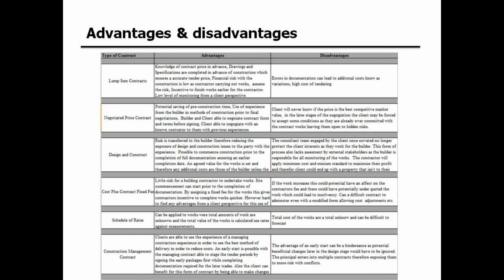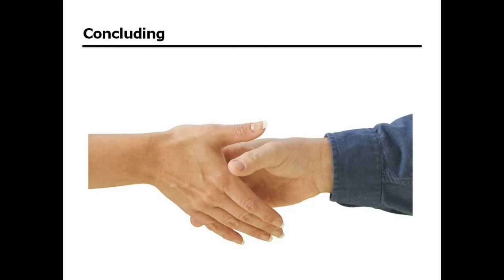And you can see from design and construct through to lump sum, through to construction management, all these issues change, whether it be the amount of design considerations in place or not in place, the time, cost and resources required to design and get it out to tender, or otherwise issues associated with cost monitoring, variations, those types of contract administration. So as you can see, deciding upon the most suitable form of contract is not really an easy task.